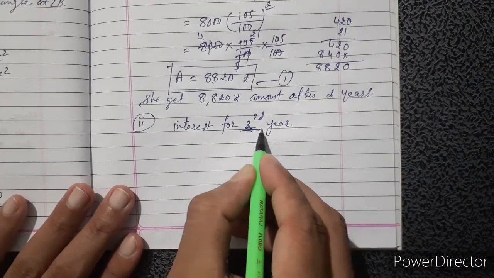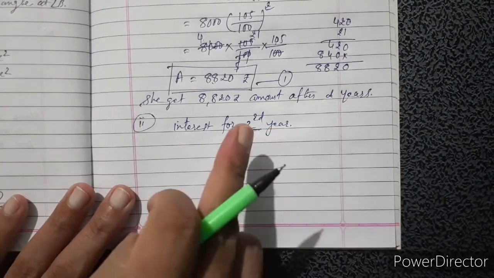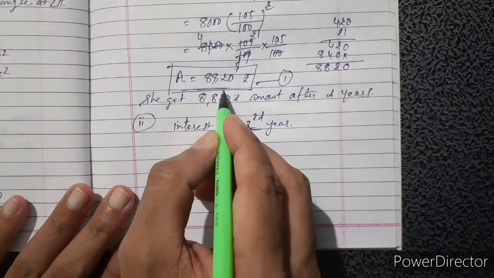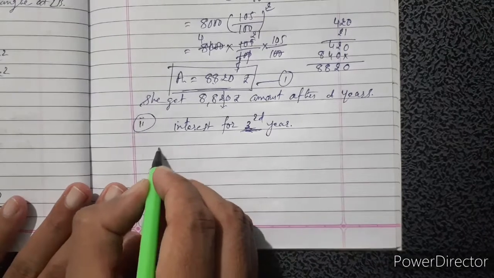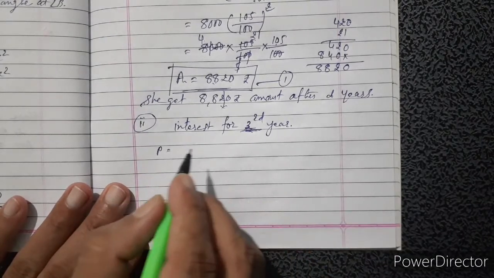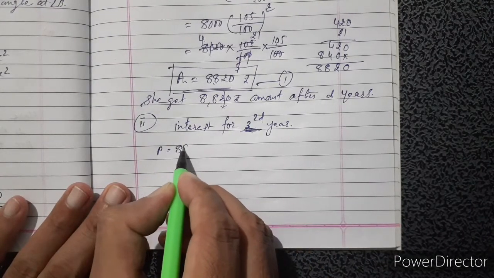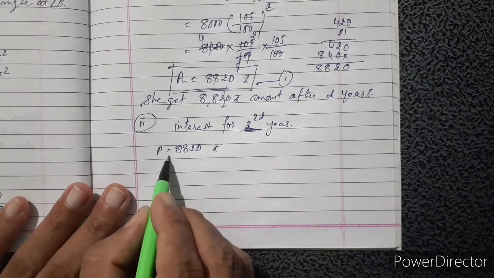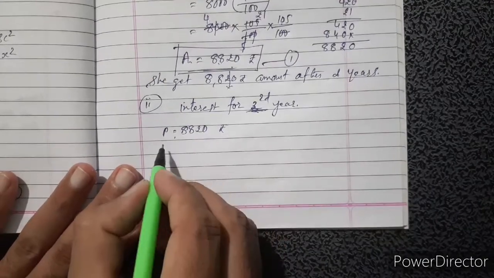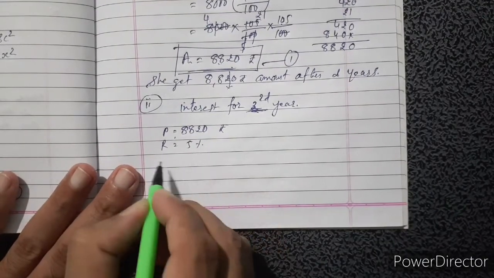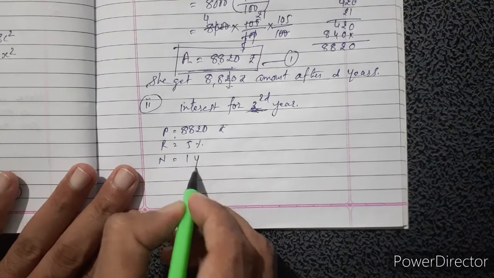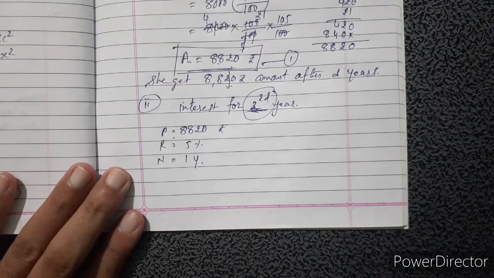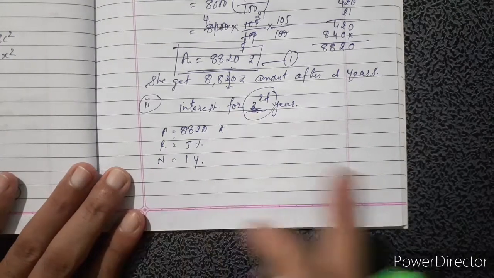So here for the third year we use the simple interest formula. The amount for the second year will be the principal amount for the next year, so here 8820 rupees of the second year is the principal of the third year. R equals 5% and N equals 1 year, because we want to find only the third year, not 3 years.